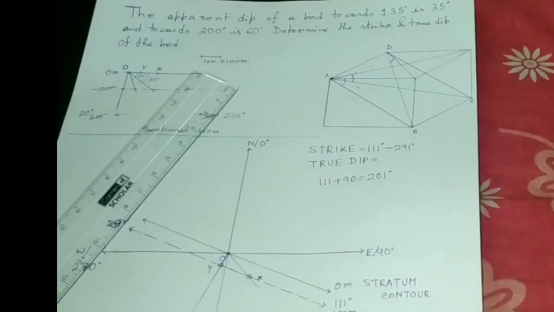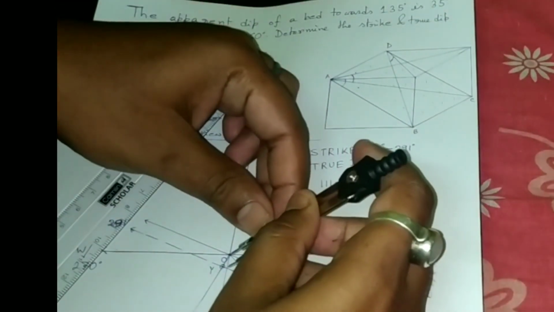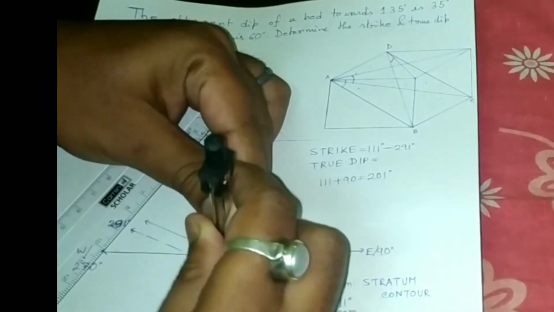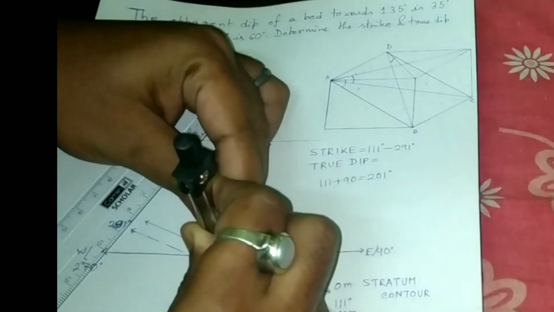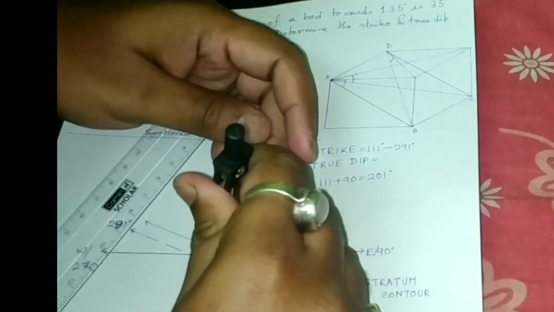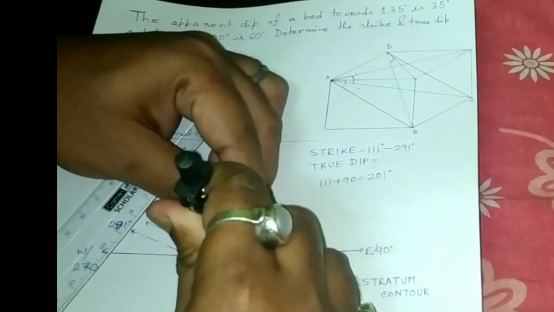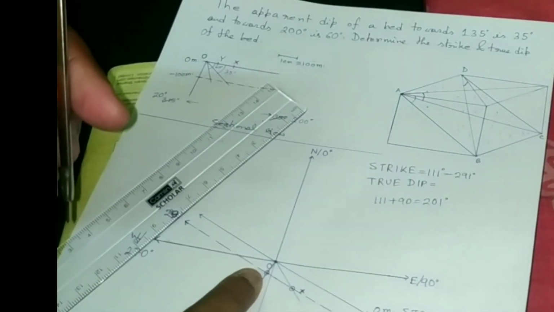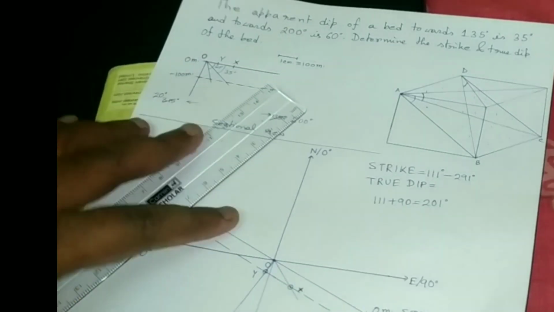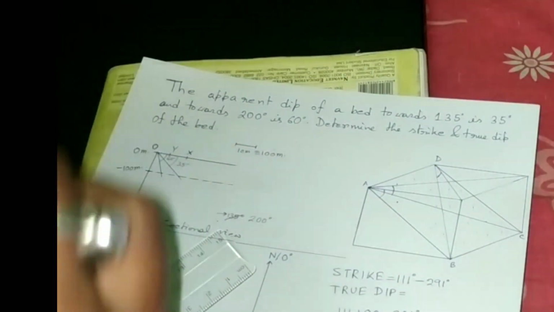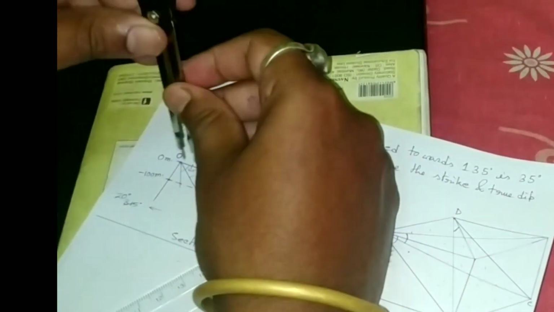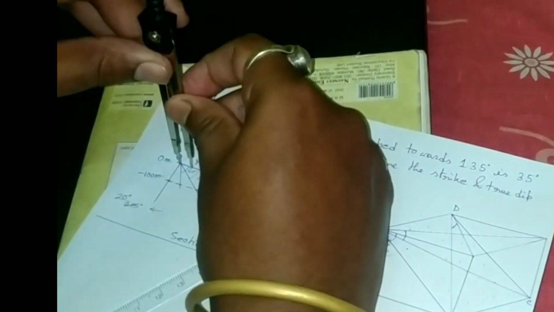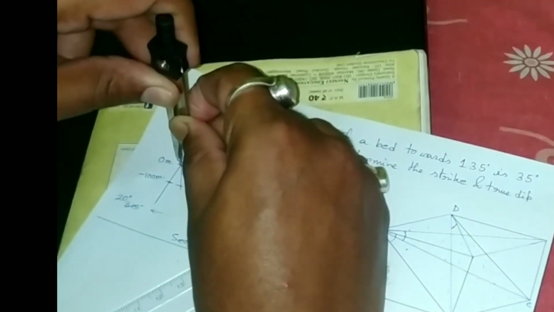Pretty close to the apparent dip direction given, with a difference of only 1 degree. So this is the strike spacing, and in the same diagram we are plotting the strike spacing.